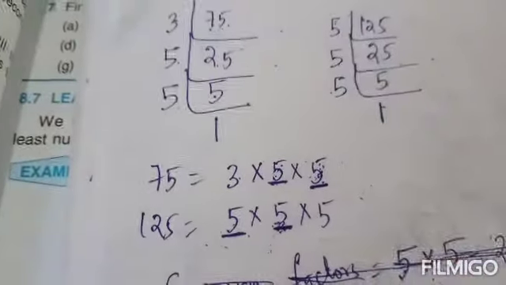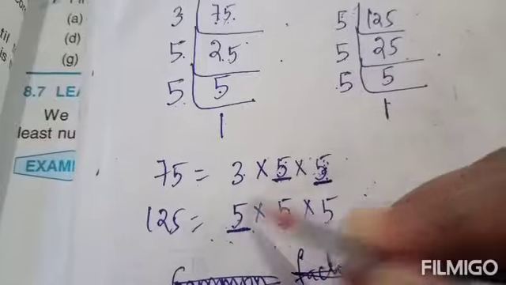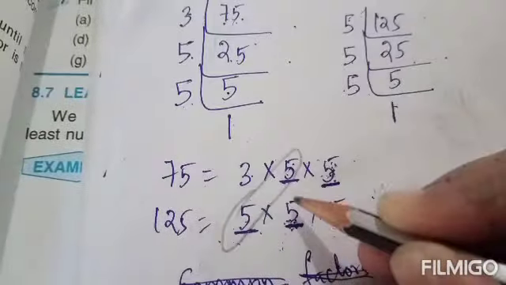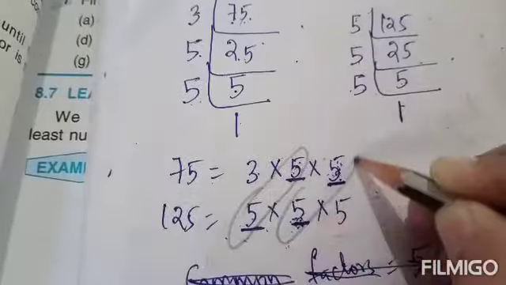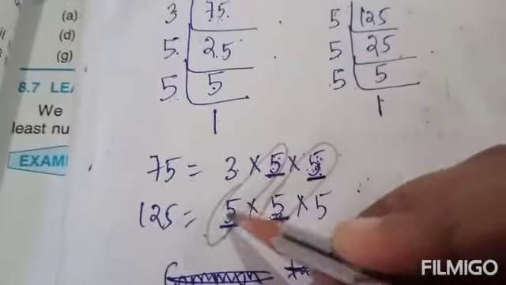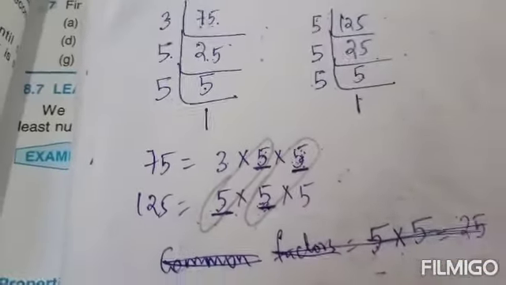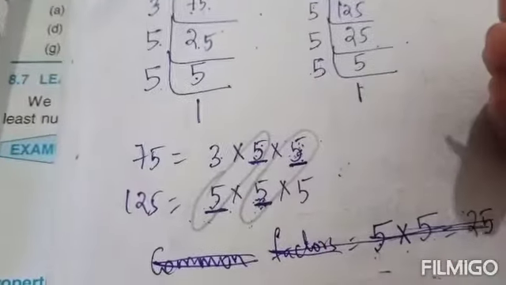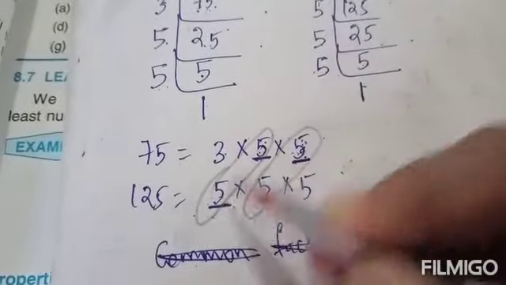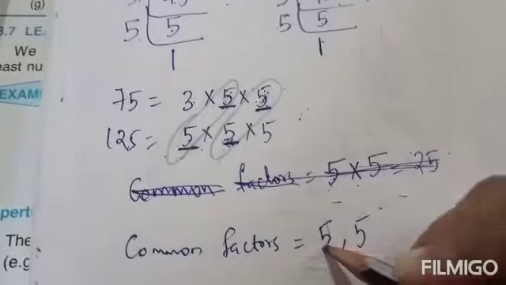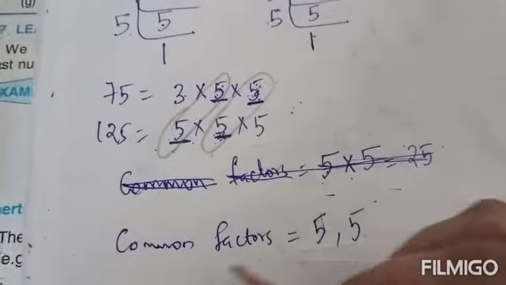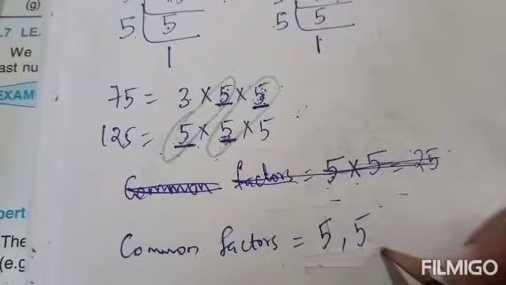One pair of 5 you got like this. This 5 and this 5 will be one pair. Now, secondly, these two 5s will be the second pair. While writing common factors, you can write the first pair as 5, then the second pair also as another 5. So, common factors are two 5s.